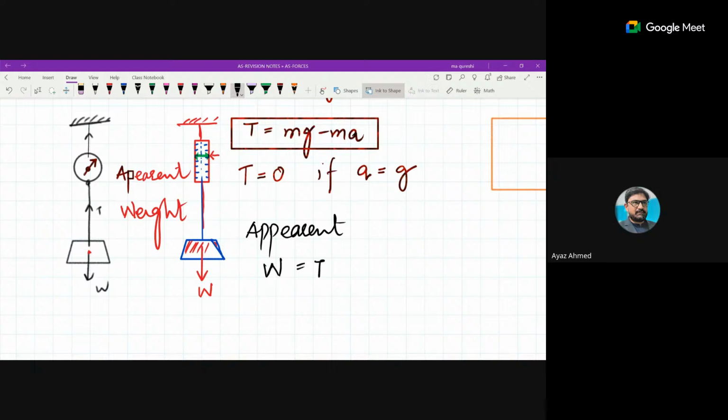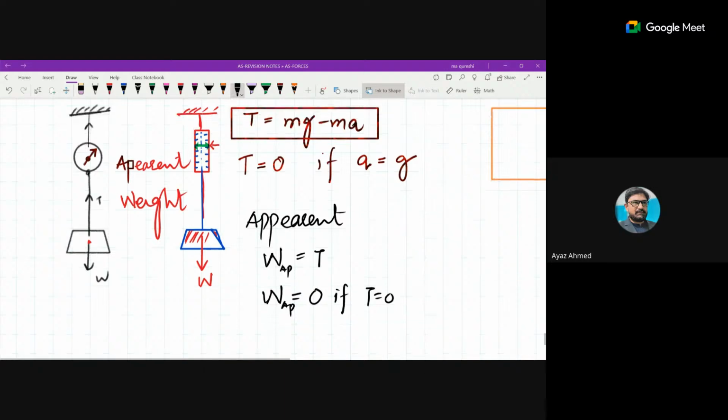So apparent weight will be equal to tension. Apparent weight will be equal to zero if tension is equal to zero. And when will tension be equal to zero?